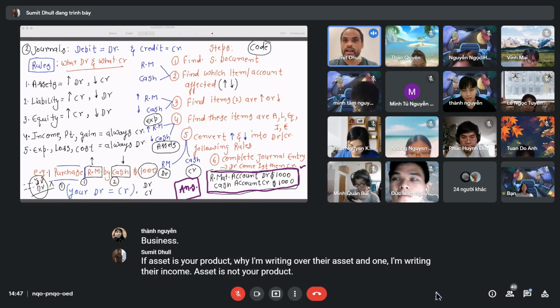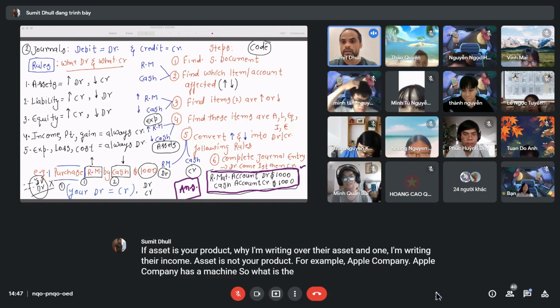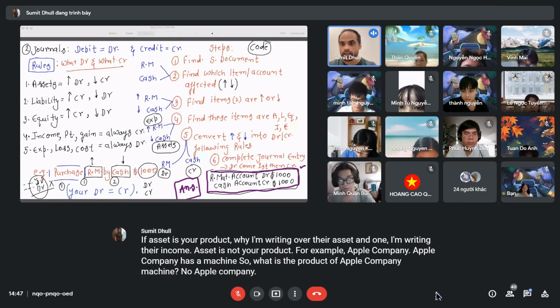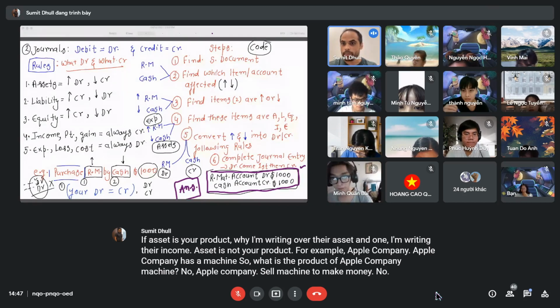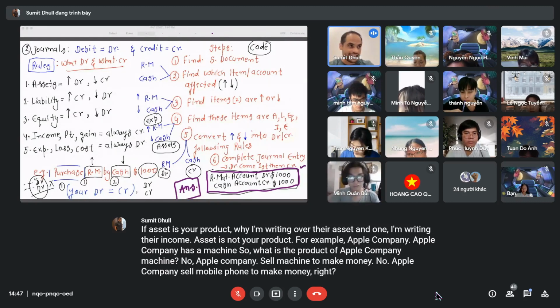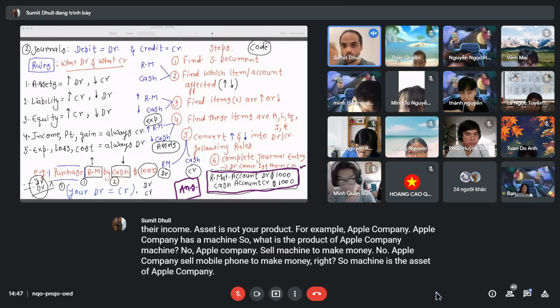For example, Apple company has a machine. What is the product of Apple company? Machine? No. Apple company sells mobile phones to make money, right? So the machine is the asset of Apple company. The product is iPhone.